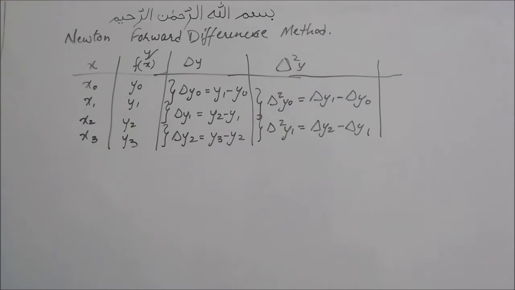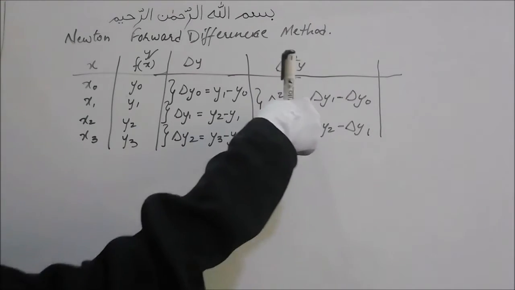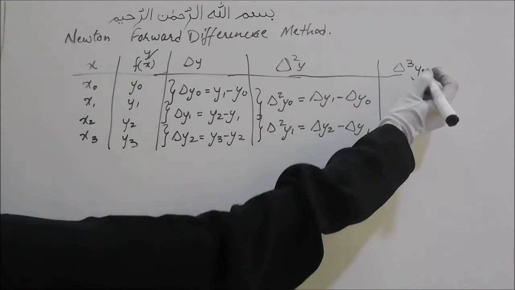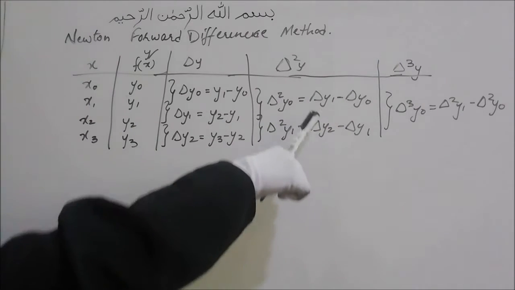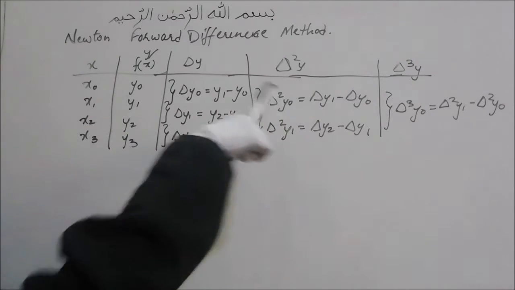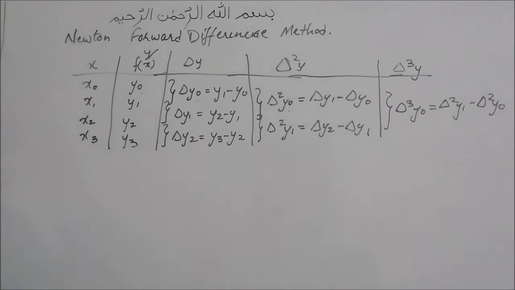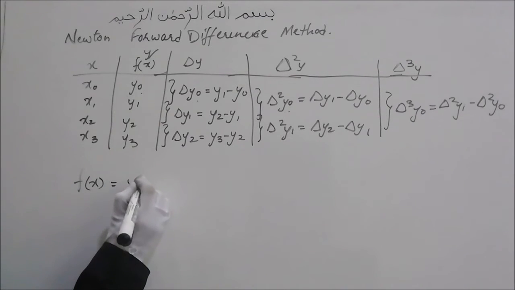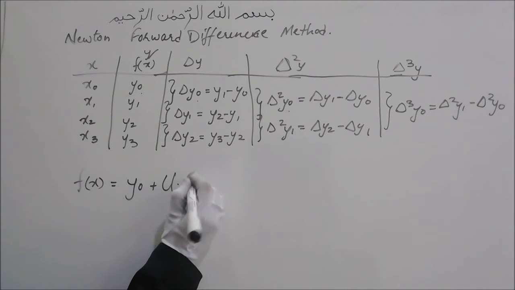Now last, we are going to find the difference between these two terms, that will be delta cube y. So delta cube y0 will be delta squared y1 minus delta squared y0.